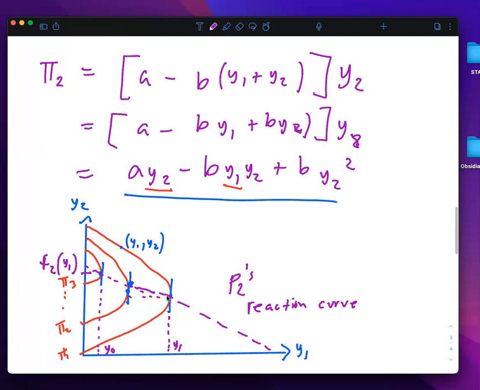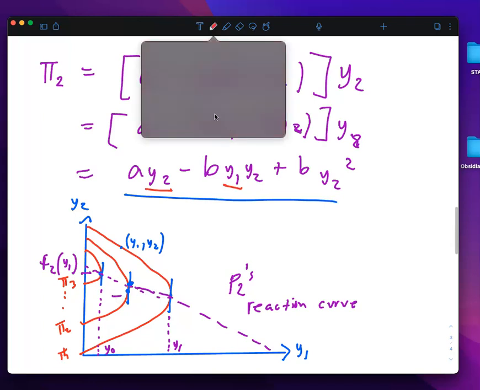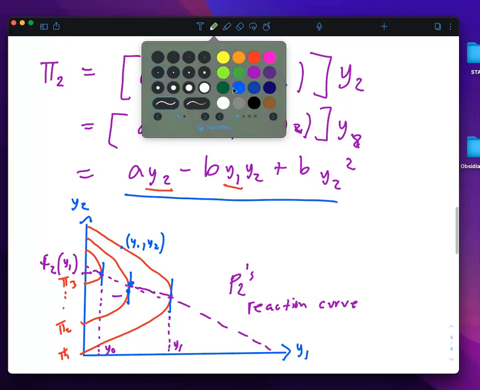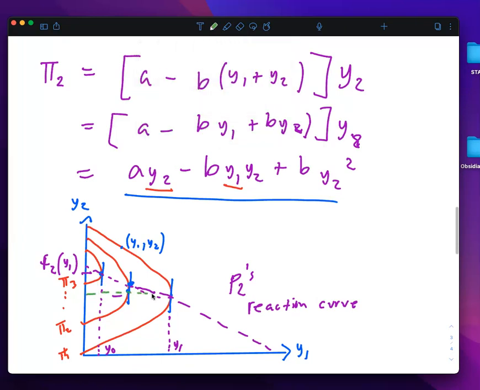Let me choose a different color. And I probably should specify this as y1 not, because it's a function of that point.